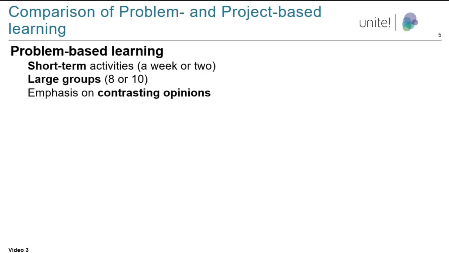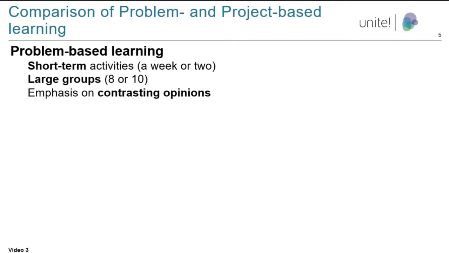So, what are the fundamental differences with project-based learning? In problem-based, the activities are short. In a week or two, they are over. The groups are large. They might be 8, 10, or even more students who discuss and make preliminary evaluation.